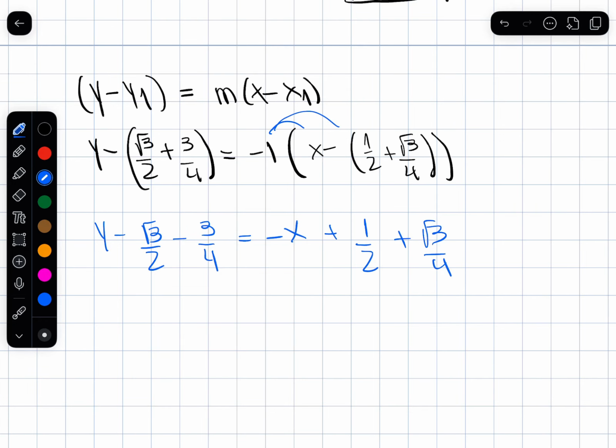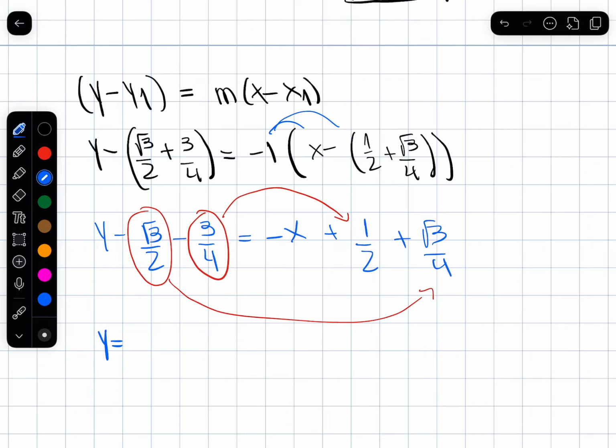And if I go back to the problem, I believe it asked for slope-intercept equation, so I'm going to move everything over to the same side. This is going to go over that way, combining with this, and this is going to go over that way, combining with this. So I'll get that y equals -x. So this is positive 1/2 with a positive 3/4 now. So that's 2/4 plus 3/4. So that should be 5/4.